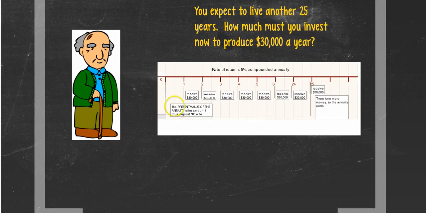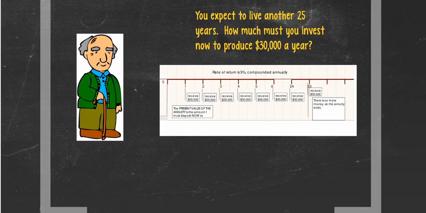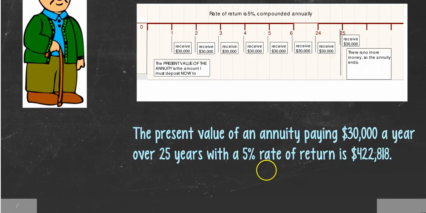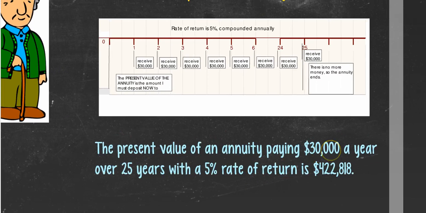We want to know the present value of this stream of $30,000 payments over 25 years with a 5% rate of interest. And what we can say is that the present value of an annuity paying $30,000 a year over 25 years with a 5% rate of return is $422,000.